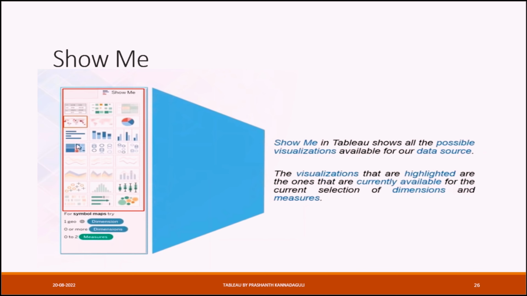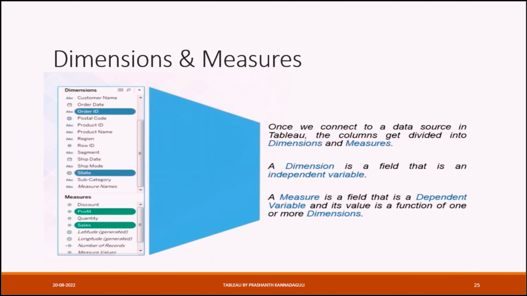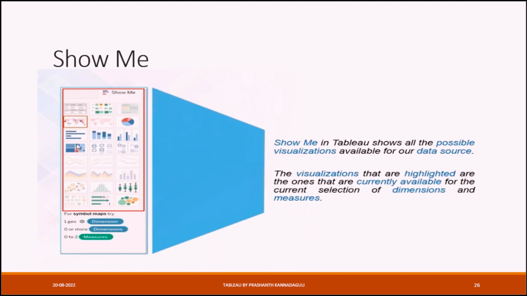Let us assume that I have selected a few entries from the dimensions and a few entries from the measures, but I don't know which is the best suitable plot. I have no idea. For that, the solution comes here. It is called the Show Me pane. We'll see it in detail, but remember these terms.